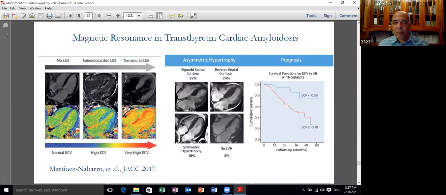It's getting more and more prominent. The most important thing about mapping is that you don't need a dye. You don't need gadolinium. You don't need a contrast. We know that gadolinium is toxic to the kidney in patients with chronic kidney disease.